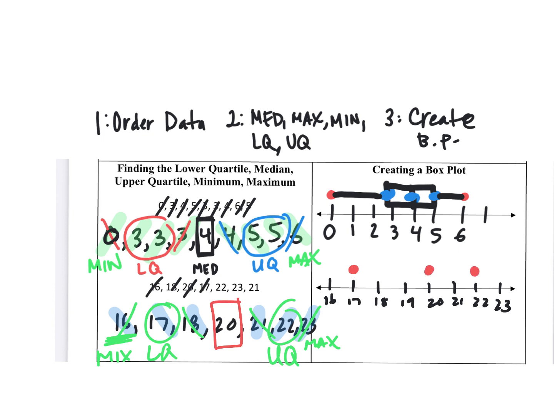Okay, those are the ones we use to make the box. So here's my box. Okay, and I'm going to darken those red dots so you can see them. They go right in the middle of your lines. And then don't forget our minimum, which is 16, and our maximum, which is 23. And then you go ahead and put your lines. Your whiskers is what we call them.